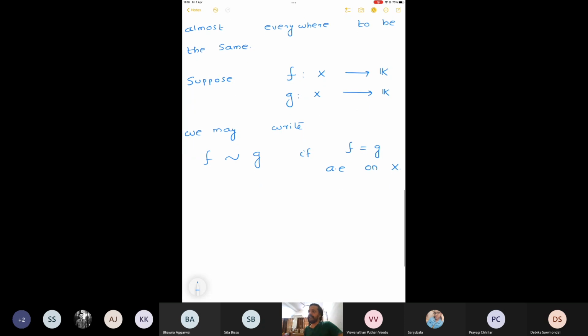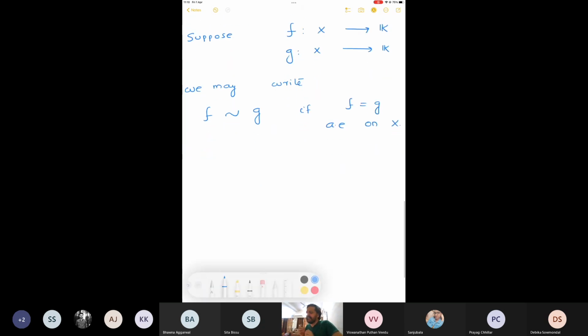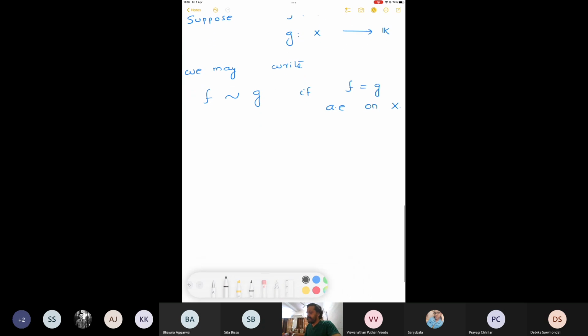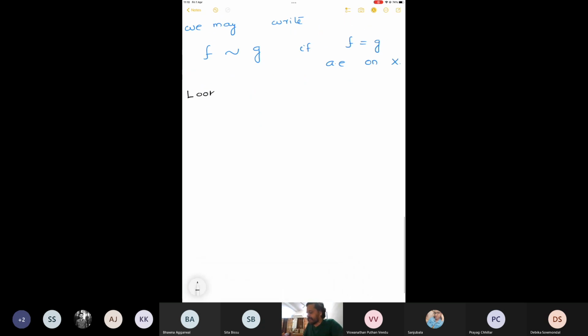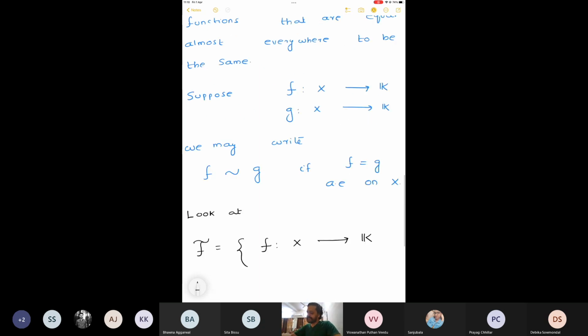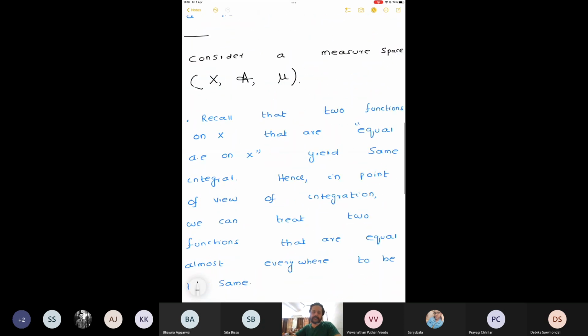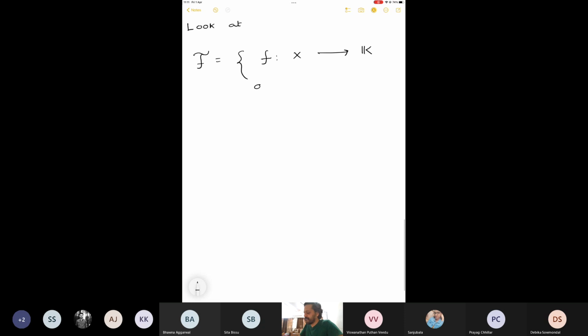Okay, so this is my declaration. Two functions are equal if they are equal almost everywhere. In other words, we don't have any reason to distinguish two functions if they are equal almost everywhere as far as integration theory is concerned. So now let us look at this collection. Look at, let us say, script F equal to the collection of all functions, real or complex valued functions defined on X, where X is the ambient space in your measure space, and f is measurable.